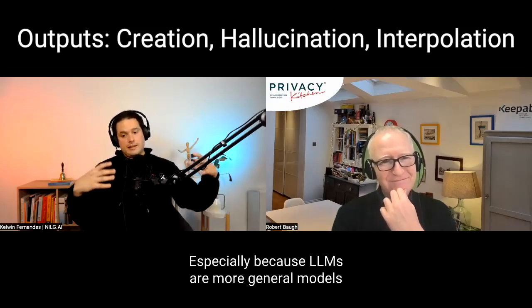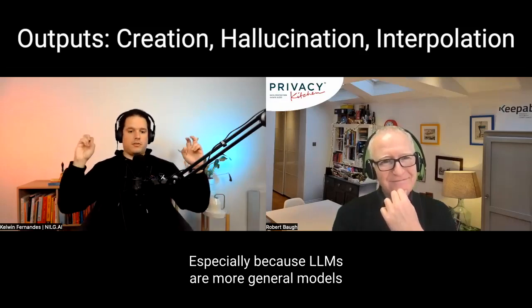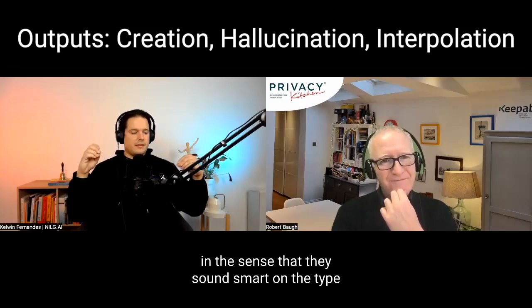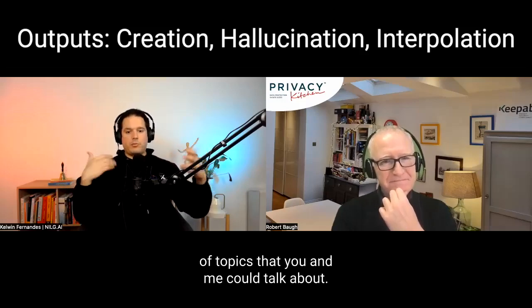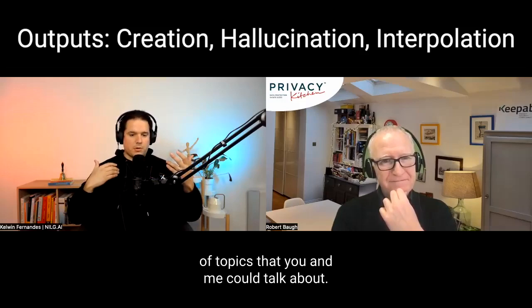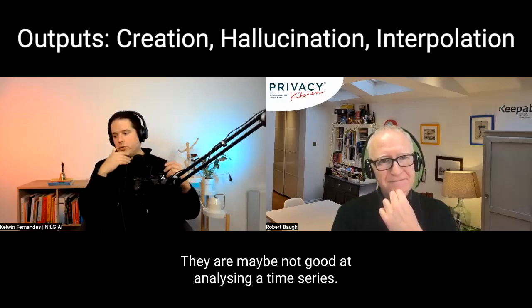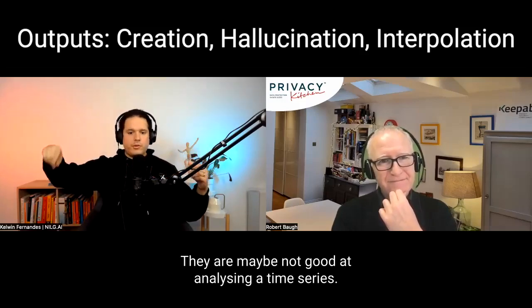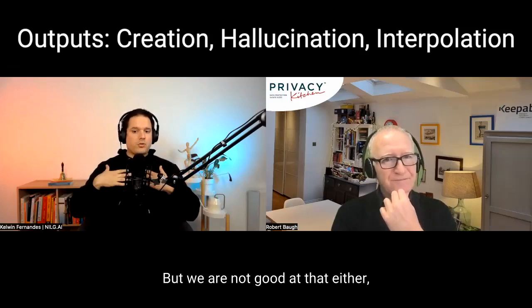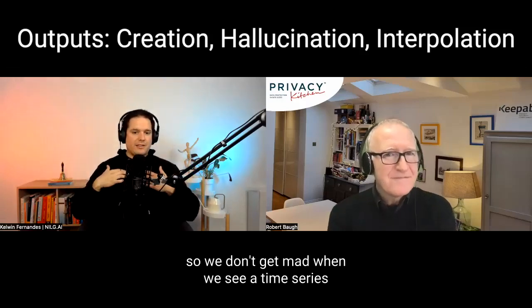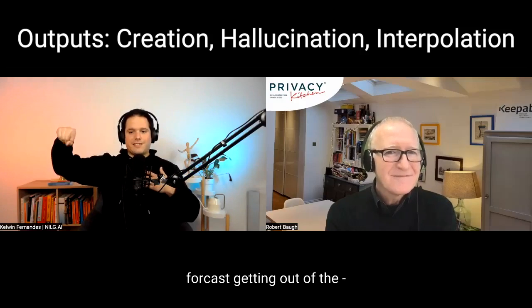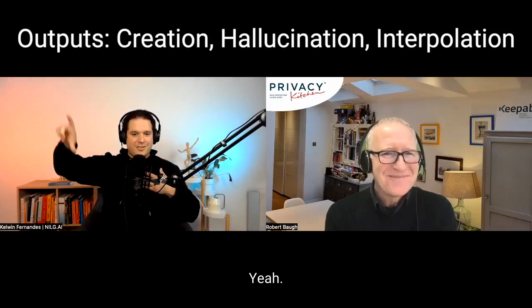Especially because LLMs are more general models, in the sense that they sound smart on the type of topics that you and I could talk about. They are maybe not good at analyzing a time series, but we are not good at that either, so we don't get mad when we see a time series forecast going out of the general range.